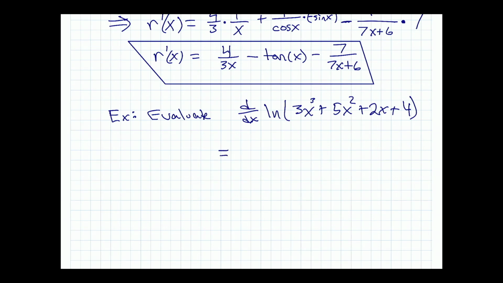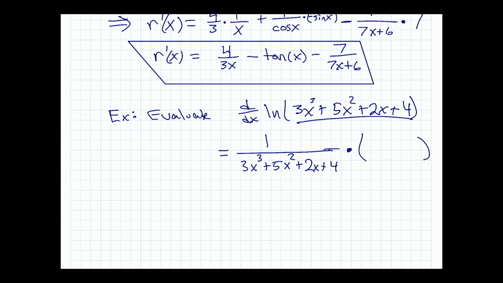All you have to do to evaluate this derivative is use the basic formula 1 over x, where this whole thing is your x. So 1 over 3x cubed plus 5x squared plus 2x plus 4 times, and then your chain rule makes you put the derivative of what's inside.